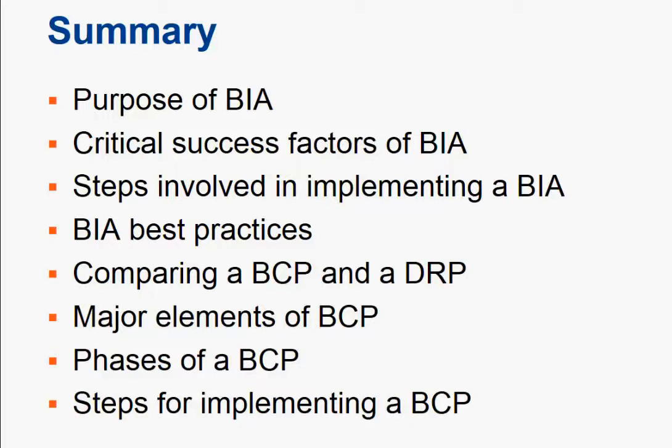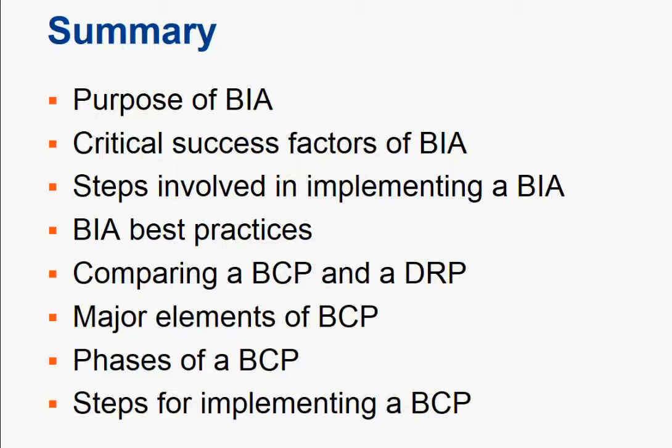So as you can see, we're getting close to the end of the lecture. We've already done chapter 12 and chapter 13 in lesson 6, and we're basically talking about two key functions that are key to the critical business functions, the CBFs.